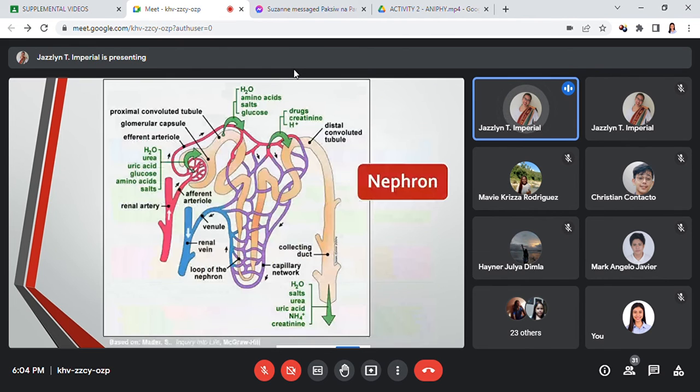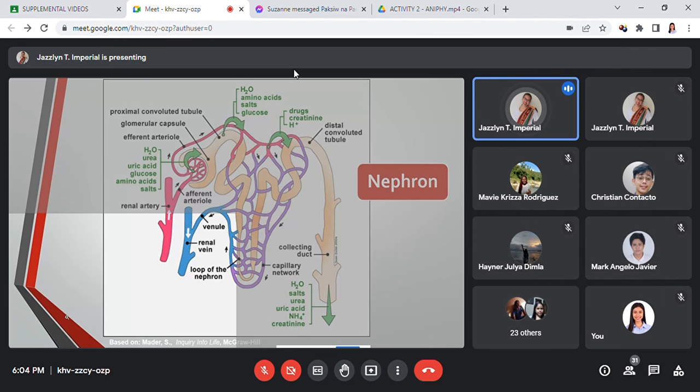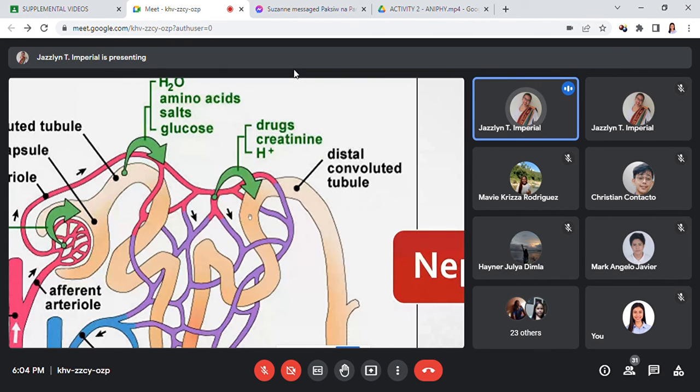So to focus on the basic unit, ganito ka-complex ang isang nephron. So akala nyo, simple lang siya, para siyang ahas. But no. So you see that blood and capillary bed surrounds your kidney nephron. Okay? Kasi nga, sa process ng secretion, makikita nyo, class, that directly, dito, tingnan natin. You will see in this part, the upper part, di ba, in the distal convoluted tubule, yung drugs, creatinine, and hydrogen ions directly is secreted, class, from the capillaries to the distal convoluted tubule.